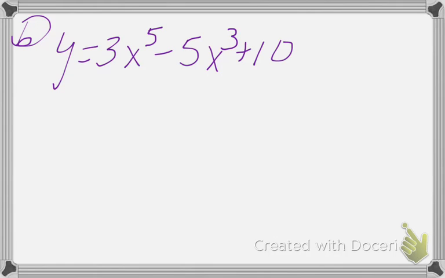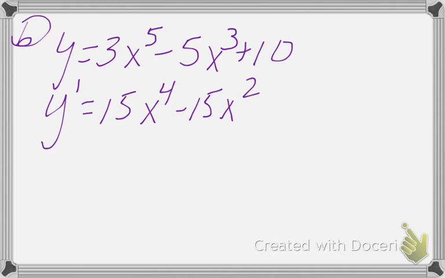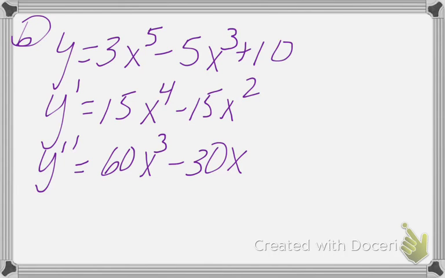Okay, it's about concavity, so we need the second derivative. Okay, so that's our second derivative, and we're going to set that equal to 0.